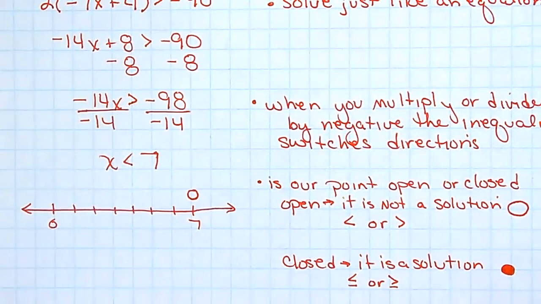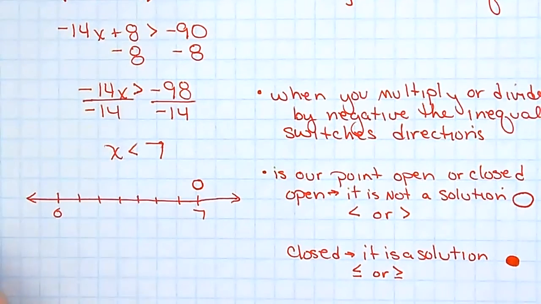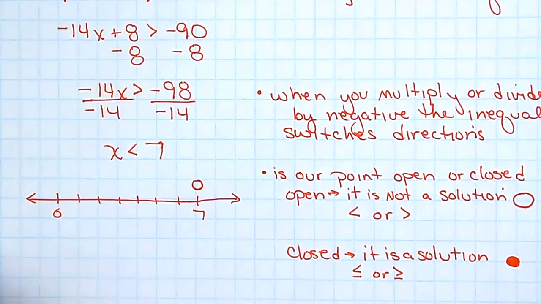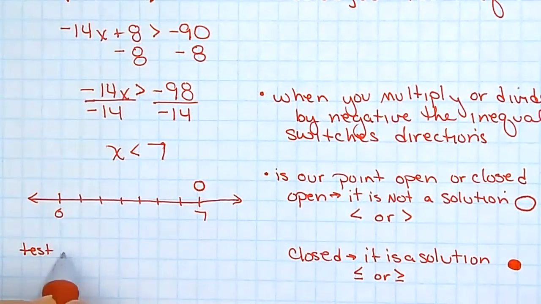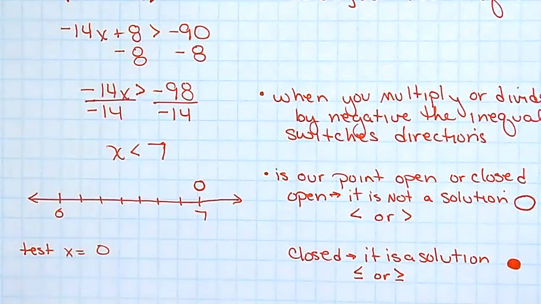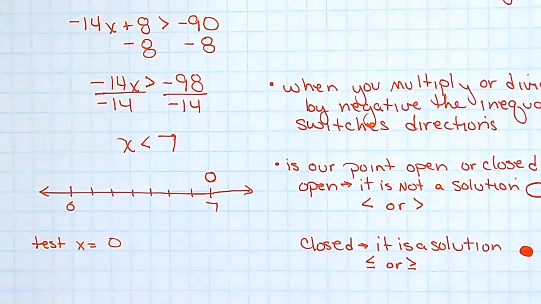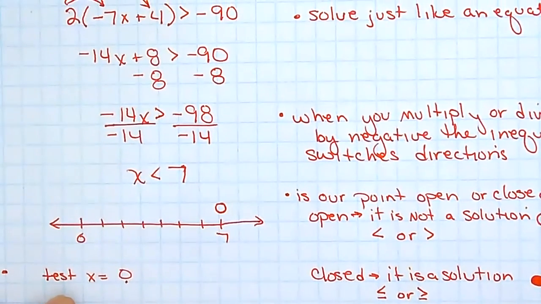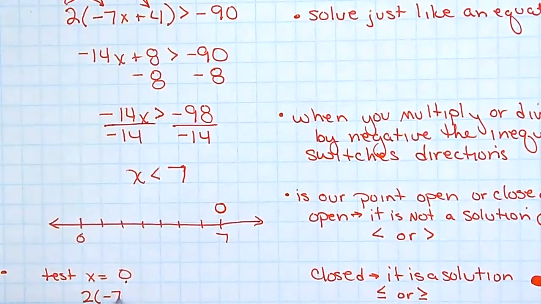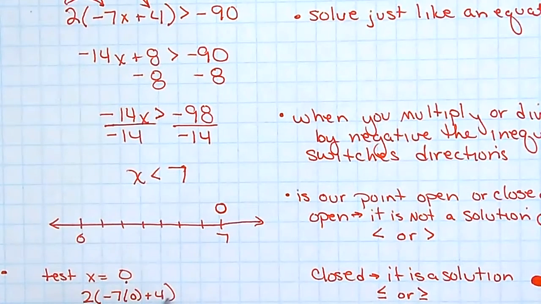Now we need to test where our solutions are. So to test, we're going to test x equals 0. I'm going to put 0 back into the original equation, which is right here. 2 times negative 7 times 0 plus 4, is that greater than negative 90?